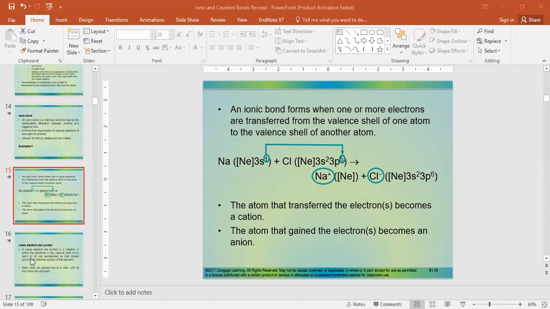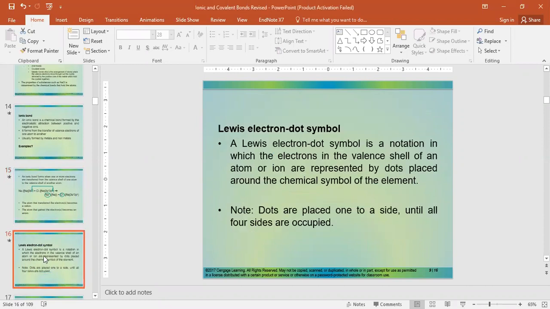So we move on. We go to what we call the Lewis dot structures or the Lewis dot symbols.